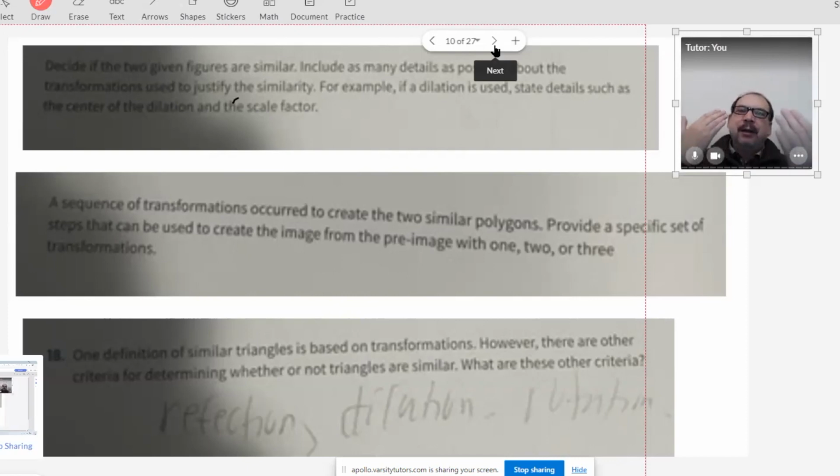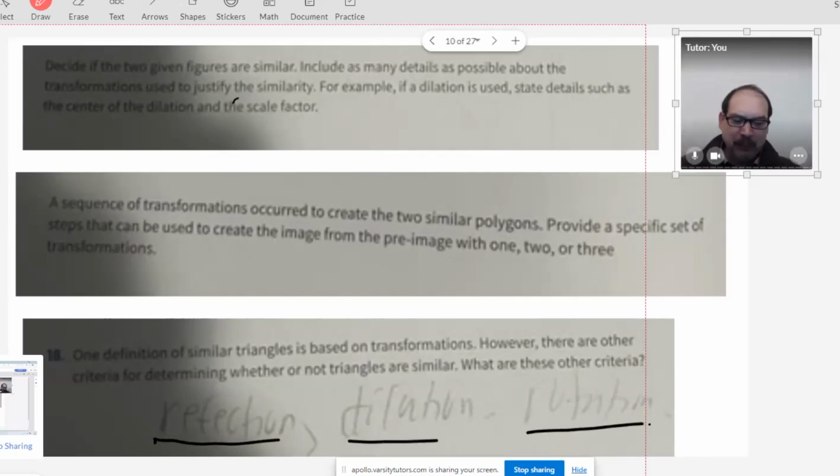Now, when you talk about similarities, it's very important to know, of course, all operations which could be used, transformations, and you know those, I can see that. But sometimes it's very important to actually read word by word. What do we need to answer? In the last part, which is my last example for today, it says, one definition of similar triangles is based on transformations.